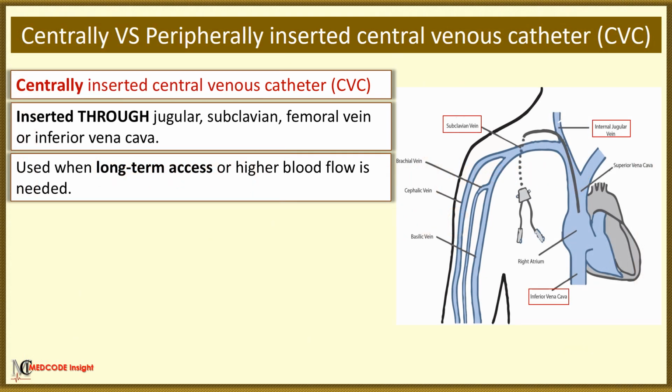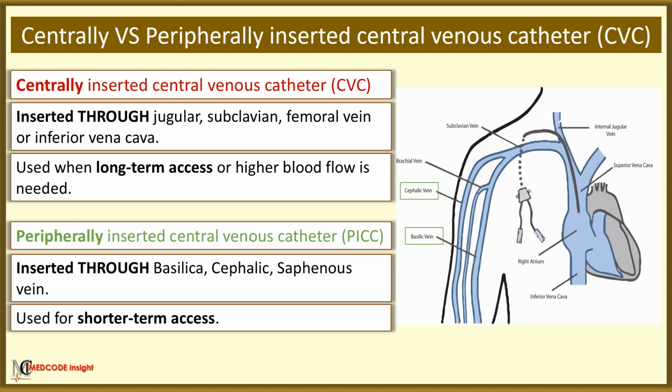A venous access device can be inserted in two ways, centrally or peripherally. A centrally inserted catheter is inserted through a larger vein closer to the center of the body. These include jugular vein, subclavian vein, femoral vein, or inferior vena cava. Central catheters are typically used when long-term access or high blood flow is needed.